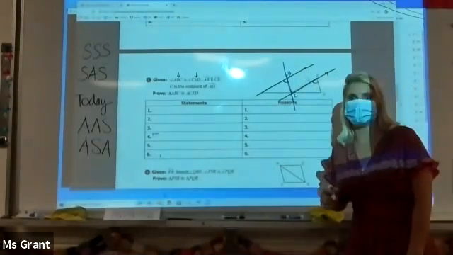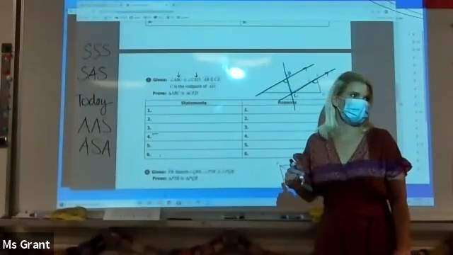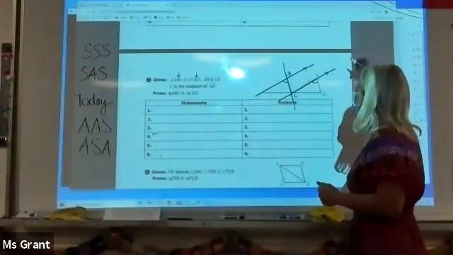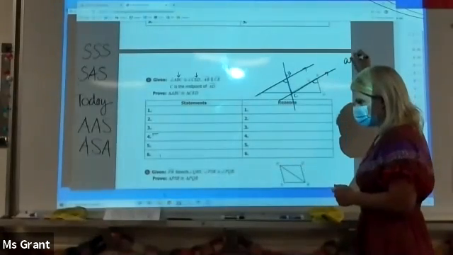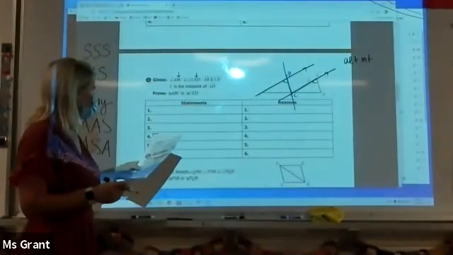What do I know about lines that are cut by a transversal? What theorem sometimes applies? Alternate interior angles, it might be, keep in mind. What else was I told? Oh, C is the midpoint.